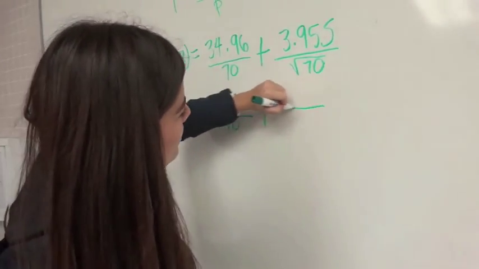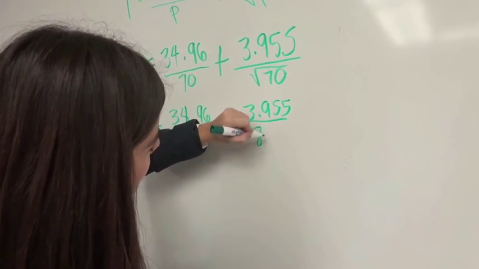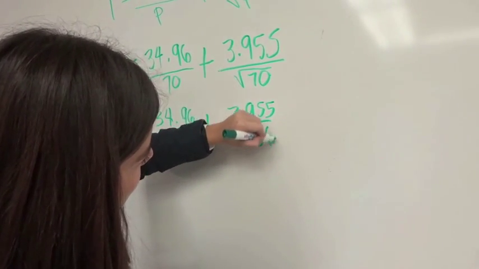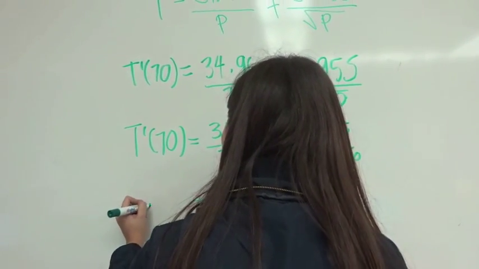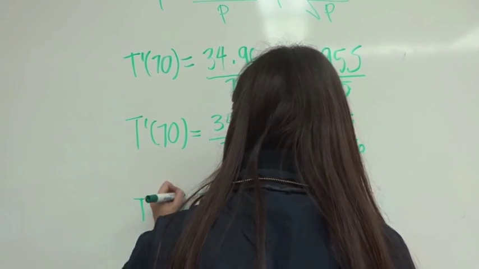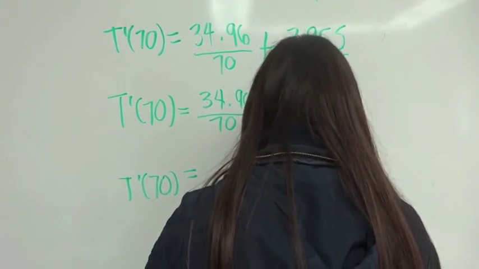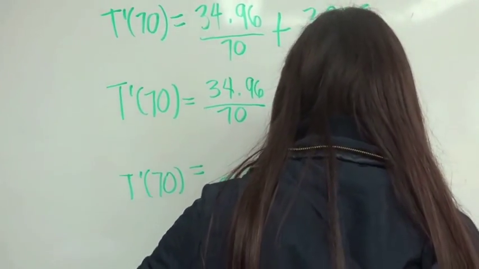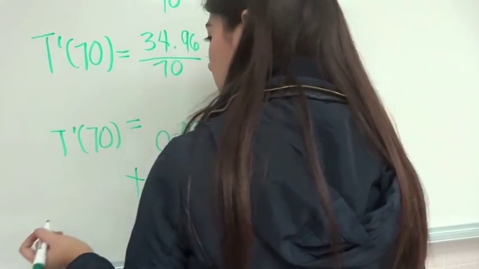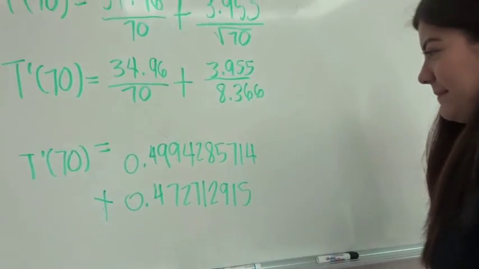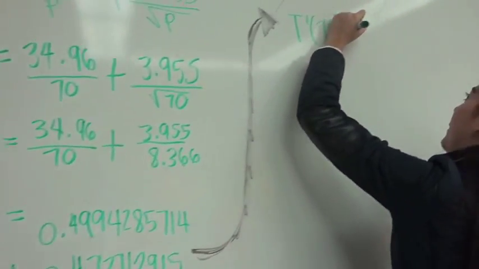Now we're going to change the square root into a decimal. So now we're going to divide both terms in order to get a simplified answer. So now we're going to add both terms in order to get the final answer.